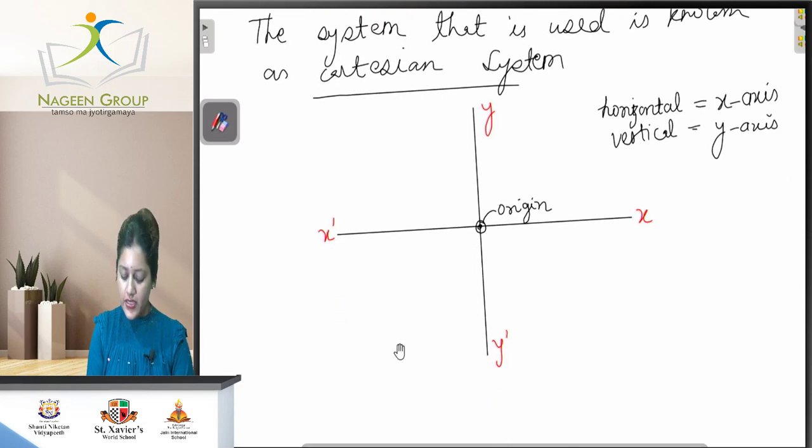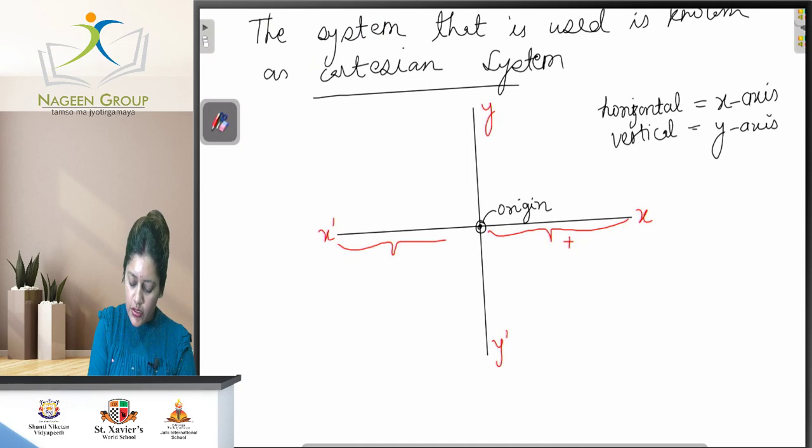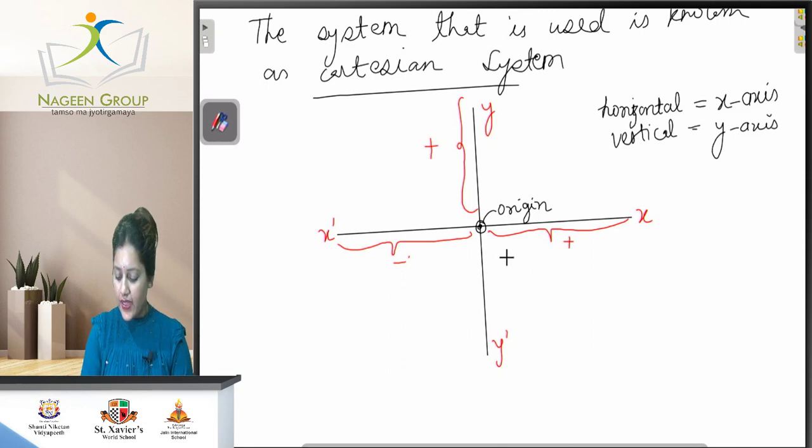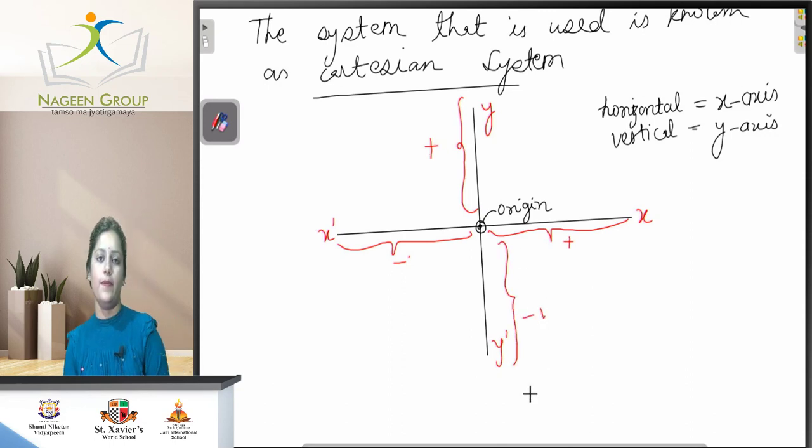This shows the positive values of x while this shows the negative values of x. This y shows the positive value of y and this shows the negative value of y.